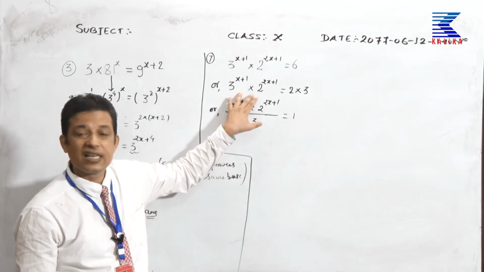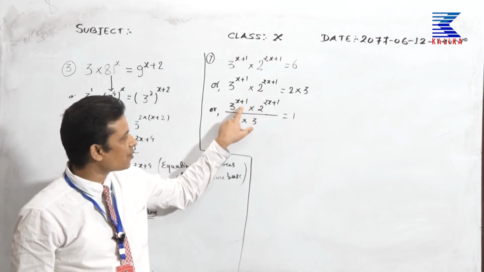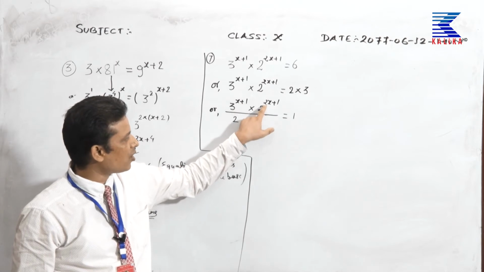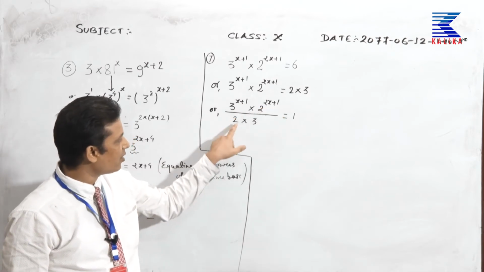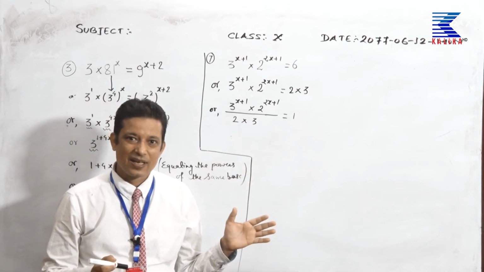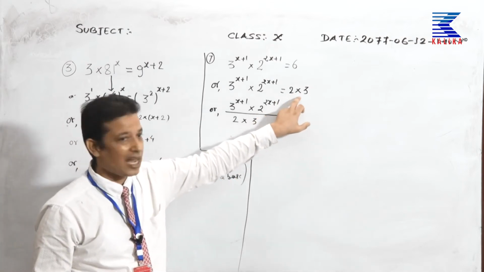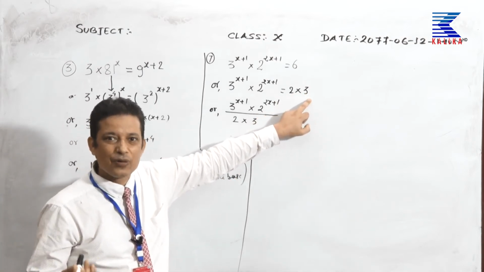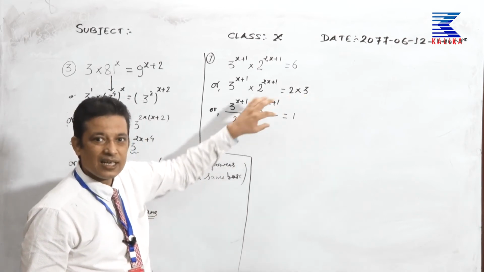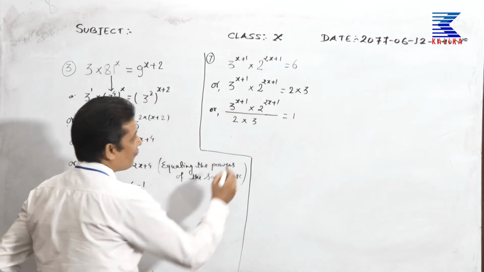And when the left hand side is divided by 2 times 3, it becomes 3 to the power x plus 1 times 2 to the power 2x plus 1 divided by 2 times 3. So, we have divided the equation on both sides by 2 times 3, or simply, how you are learning, when this 2 times 3 comes to the left hand side, it goes to the denominator.